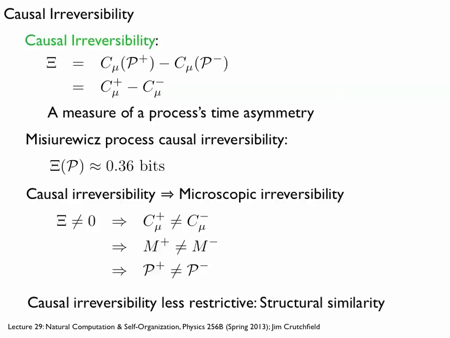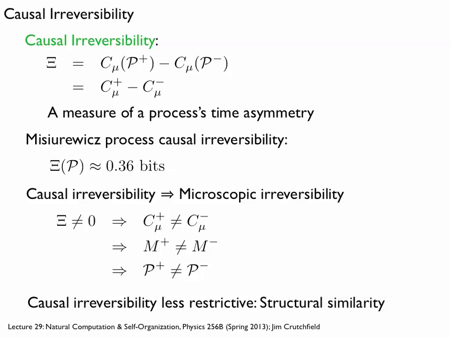Whereas I try to emphasize in here this measure of causal irreversibility, just the difference between the forward and reverse statistical complexities, and it's just a nice crude measure of a time asymmetry. In the case of that Misiurewicz process on the logistic map, that was about a third of a bit. Different models, if you will, of forward and reverse time you needed to do optimal prediction.